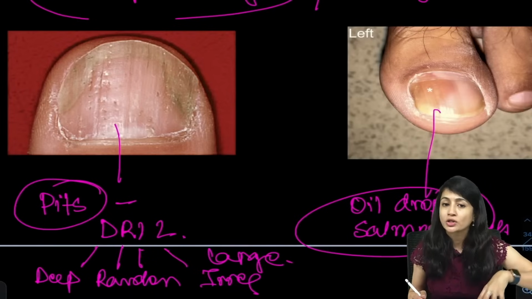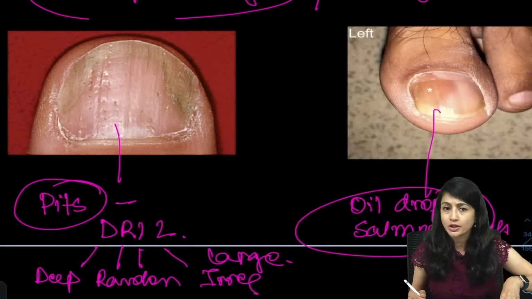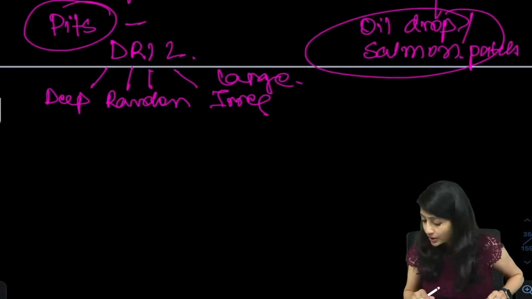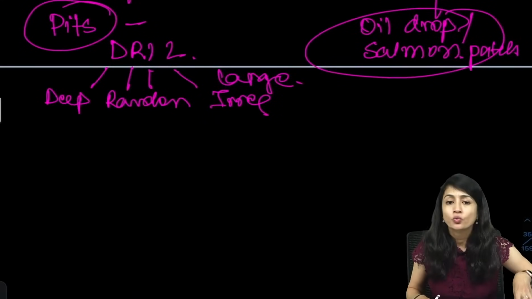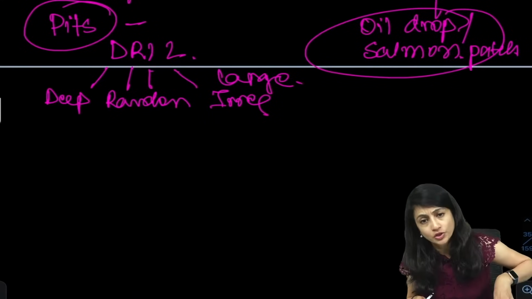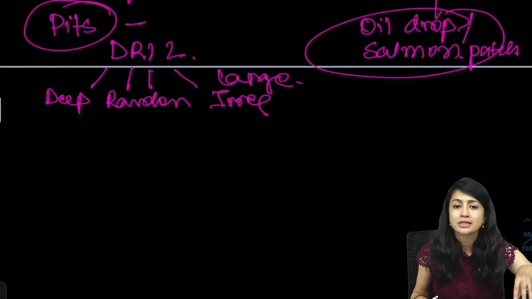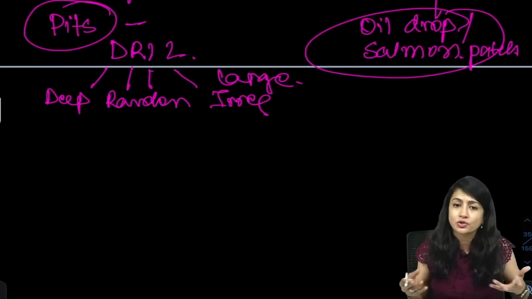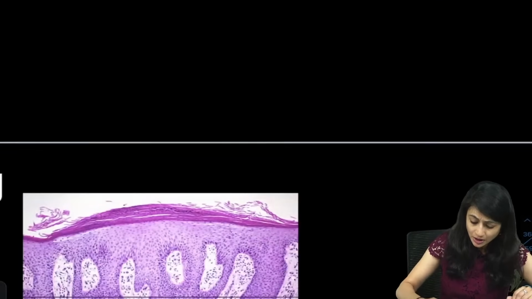Usually pitting or salmon patch is an important differentiating feature, right? The treatment for onychomycosis would be terbinafine or itraconazole. For psoriatic nail, if it is a single nail involvement, we give intramatricial injections. However, if it is a part of generalized psoriasis, you treat the psoriasis in general.